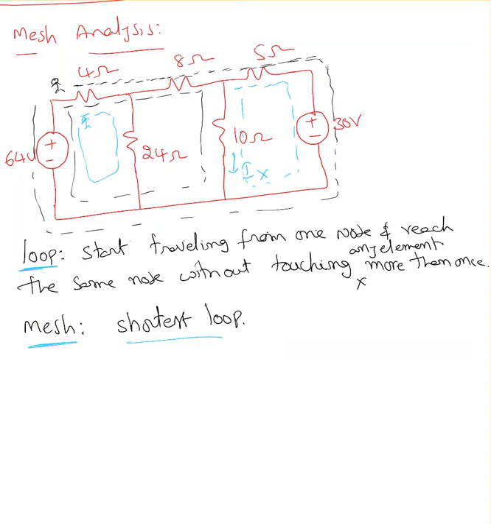A mesh is nothing but the shortest loop. So if you look at this blue one, starting at the same node, reaching the same node in the shortest path, that's called a mesh.